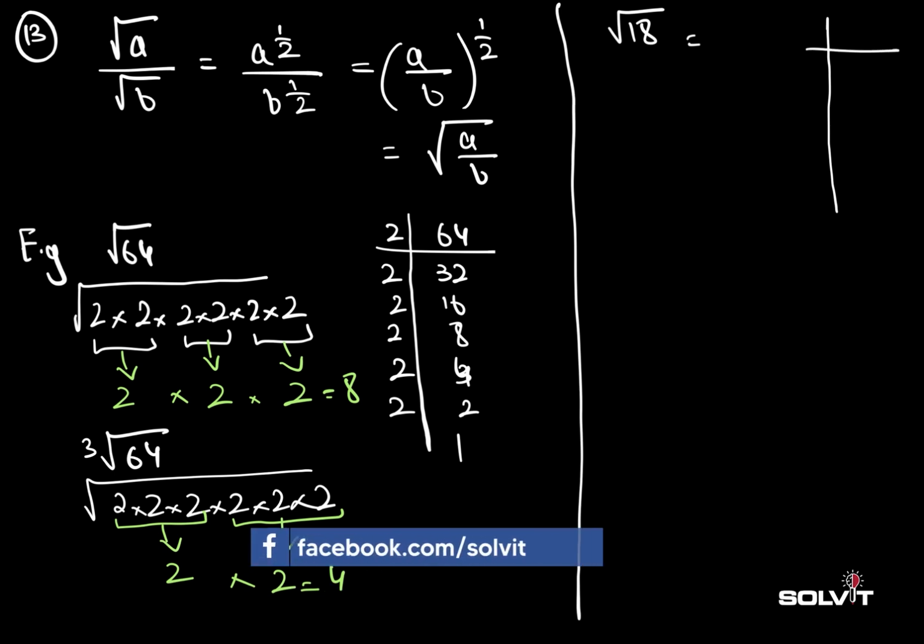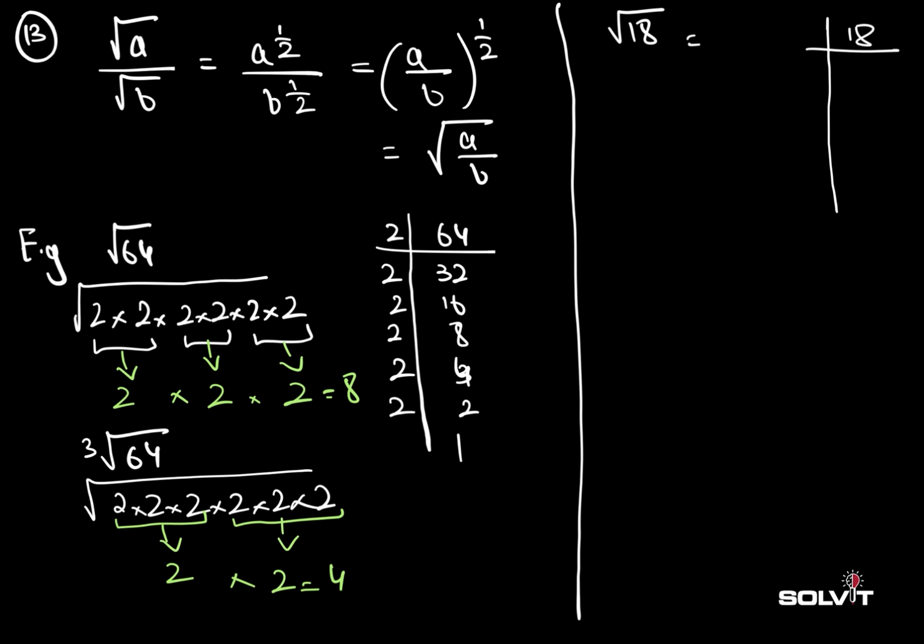In this case we need to find the square root of 18. We all know that 18 is not a perfect square, but still do its prime factorization: 18 is 2 nines, 9 is 3 threes, and 3 is 3 ones. So the prime factorization of it is 3 into 3 into 2, right?